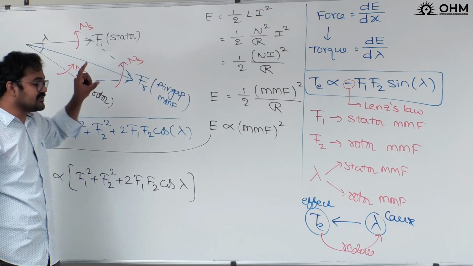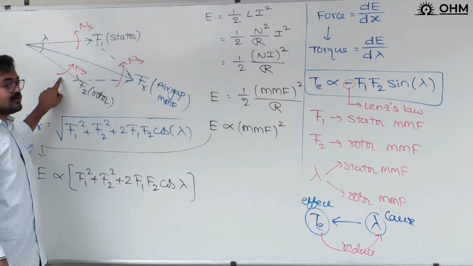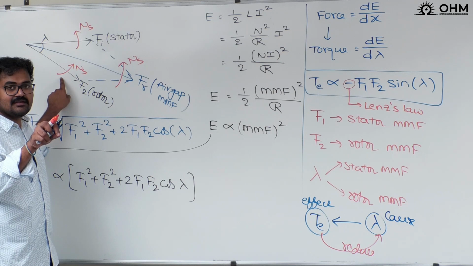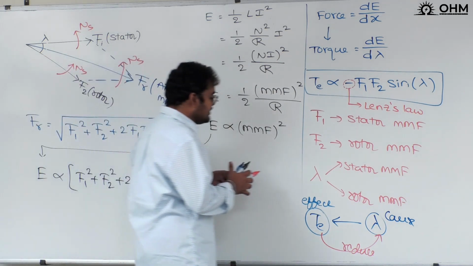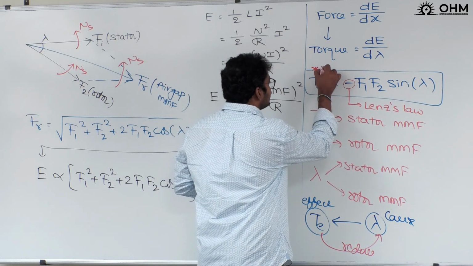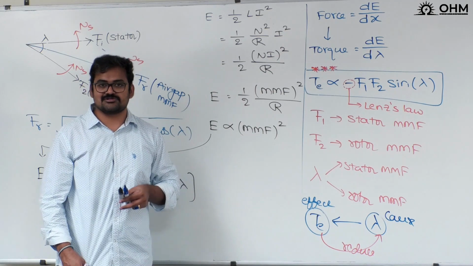Understand? And the third condition is that the phase angle difference between stator field and rotor field must be a finite angle. In case that angle is 0, torque cannot be produced. And this torque equation is valid for synchronous machines as well as induction machines and even for DC machines also.